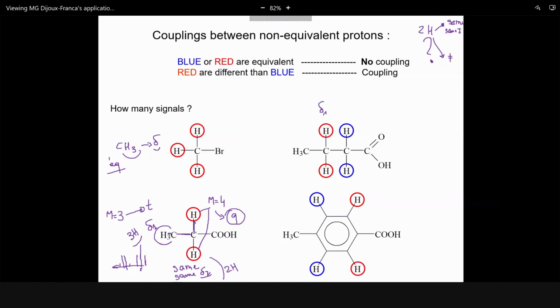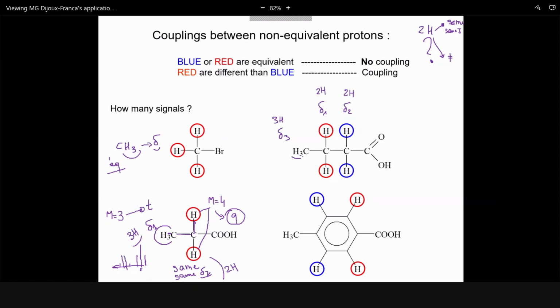These blue are equivalent, so they will have a second chemical shift because the chemical environment is different. So here I will have 2 protons and for the integration, each of them. Here I have 3 protons, so I will have a third chemical shift for 3 protons.